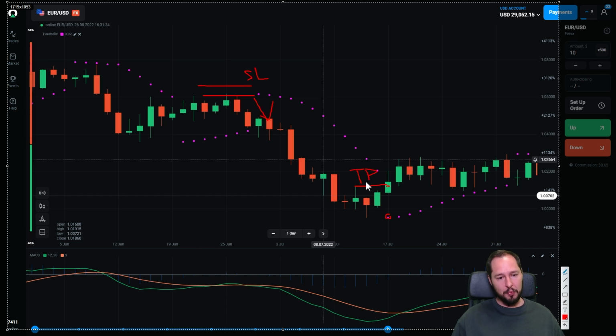So parabolic can be widely used in your Forex trading for stop loss adjustments, and also for take profits. It can highlight where you need to close your trade, or think about closing it, for instance partially, highlighting these potential moments of reversal.